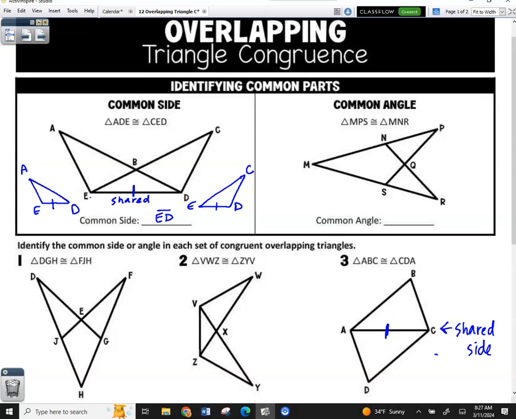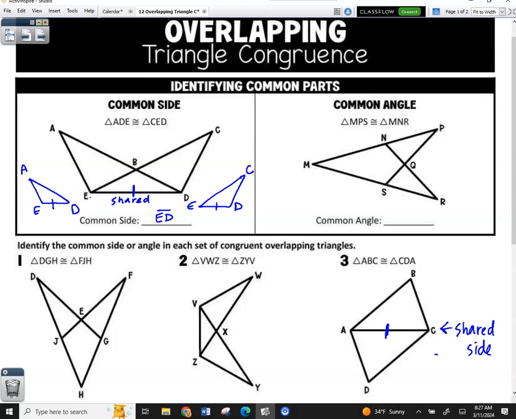Now, this over here, we've not had before either, where they have an angle in common. I want you to focus your eyes on triangle MPS, and then triangle MRN. If I pull those apart, what angle would both of them have? M, very good.